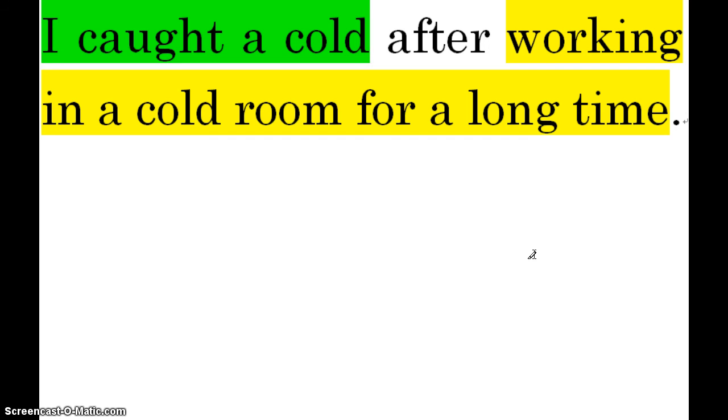Because that's what happened because of the fact that I was working in a cold room for a long time. So, for question 3 of today's DLR activity, as it says in the instruction, please find and circle the cause and underline the effect in the sentence.